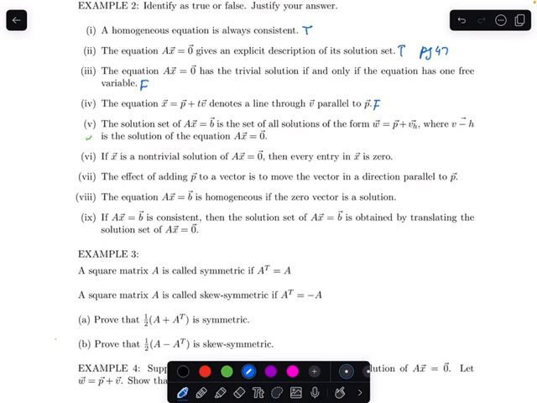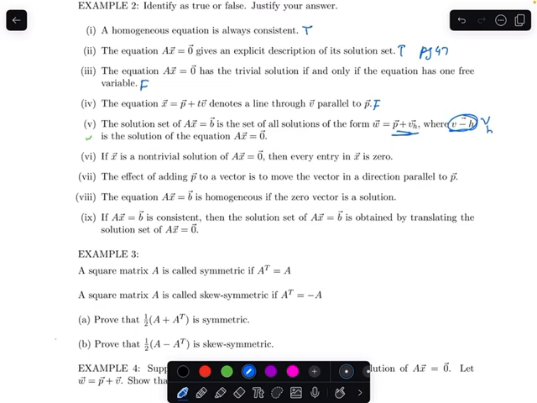Number 5: the solution set of AX is equal to B is the set of all solutions of the form w is equal to p plus vh, where vh is the solution of the equation AX is equal to 0.